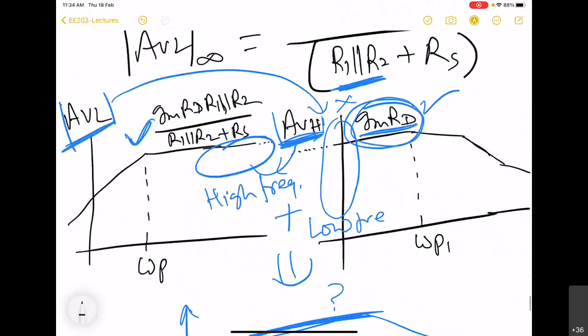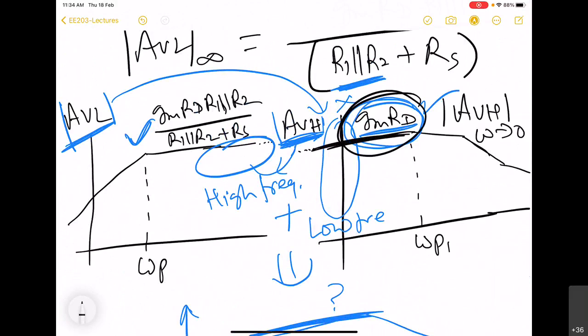So what we are trying to find out here is AVH for omega very small, tending to 0, right? When we are trying to find this value, this straight line is tangent to the actual curve at omega equal to 0 or very small omega. So since this is a tangent for very small omega, we need to analyze the circuit for very small frequency.